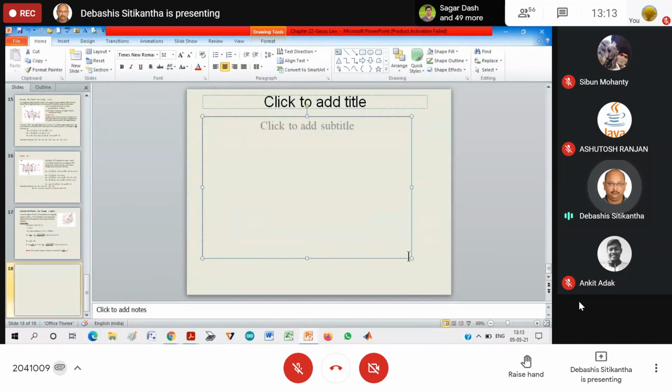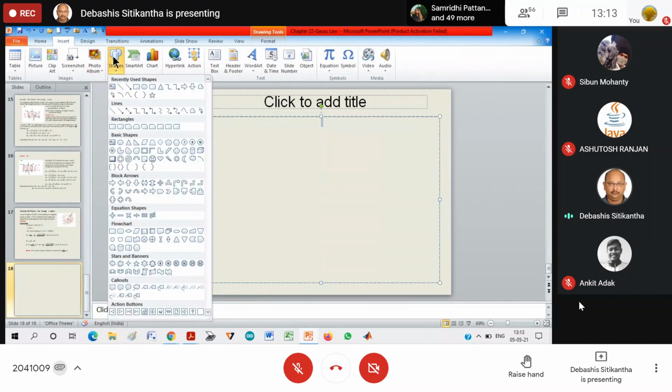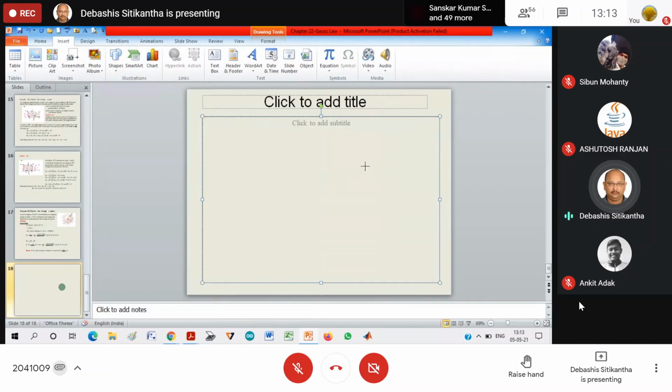So I'll write down what the data are and explain what the question is. Just have a look over here. Basically we are having, let us say, a point charge. You are having a point charge over here, right? And this point charge is carrying a charge of Q is equal to 3 micro coulomb.